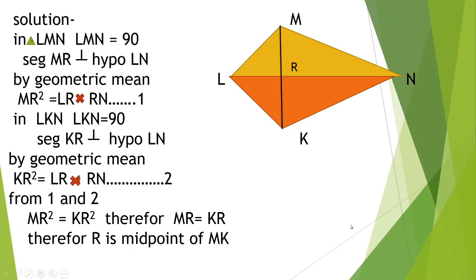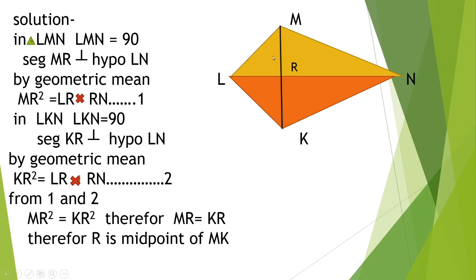Now see in the figure. Triangle LMN is a right angle triangle, and also triangle LKN is a right angle triangle, because M and K are given as 90 degrees. Then MR is perpendicular to MK.